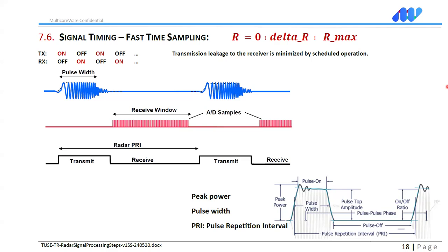In these cases, you need to operate in different time durations: you transmit, you stop, and RX starts receiving whenever TX shuts up.